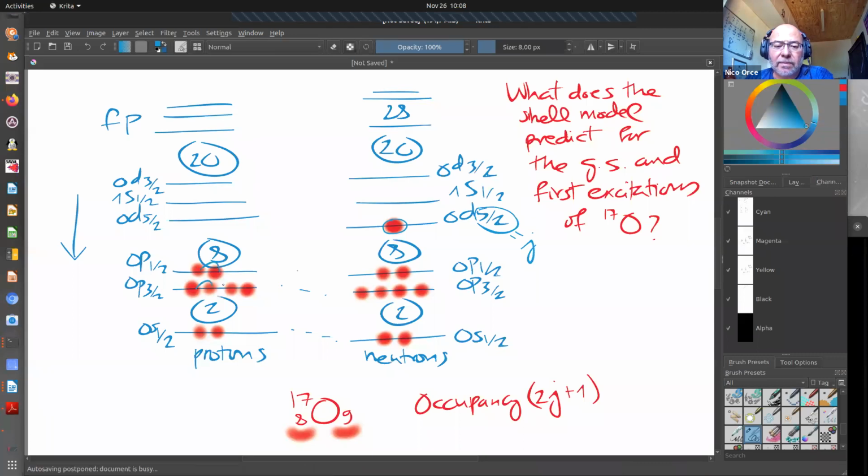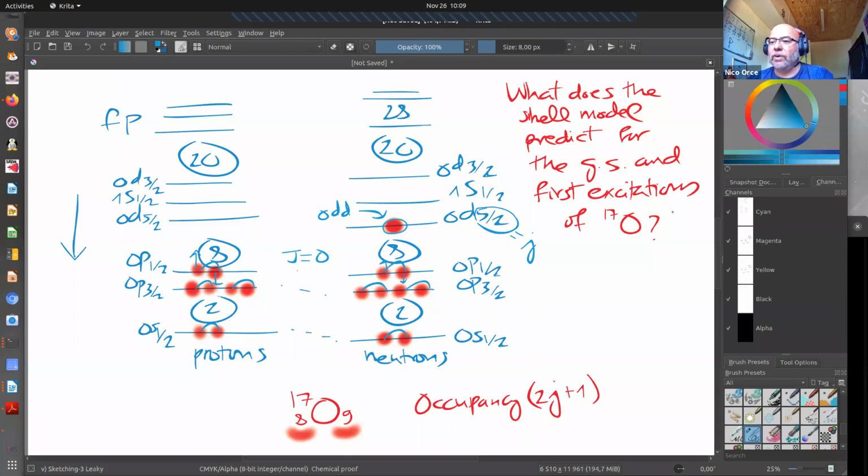Actually, there's something called the pairing force, the pairing interaction. All these guys, generally, couple to J equals 0, because you have spin up, spin down, right? All of them are spin up, spin down, and they couple to J equals 0. So this odd particle characterizes the properties of the nucleus, in particular oxygen 17.